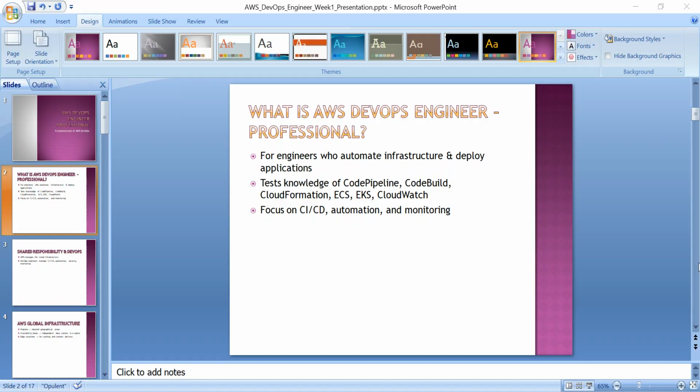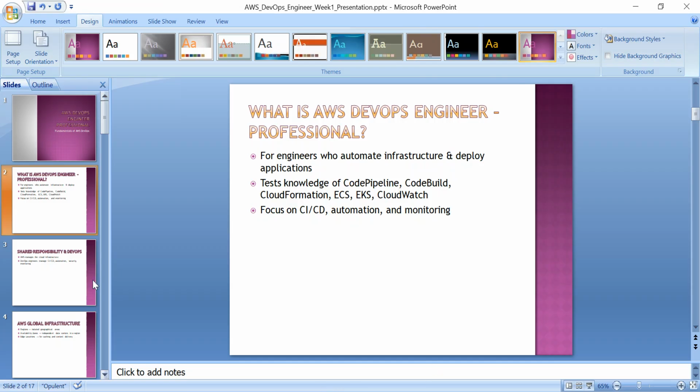This certification is designed for professionals who build and manage automated infrastructure and deployment pipelines on AWS. The test checks your advanced skills, including continuous integration, continuous deployment, infrastructure as code, and monitoring services like CodePipeline, CloudFormation, and all this.